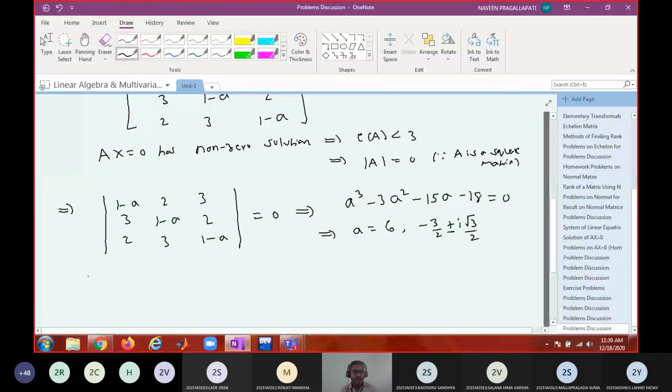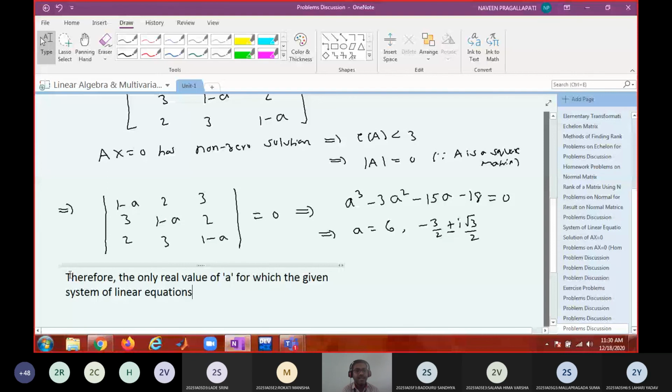Okay, so what is our conclusion? Therefore, the only real value of a for which the given system of linear equations has a non-trivial solution is a equal to 6.